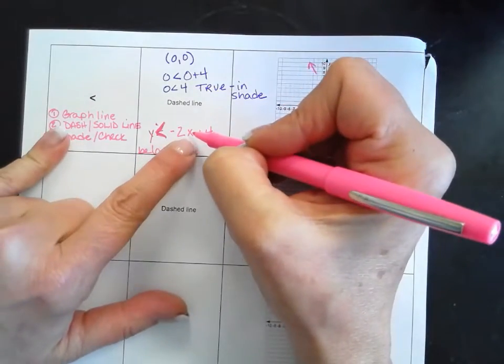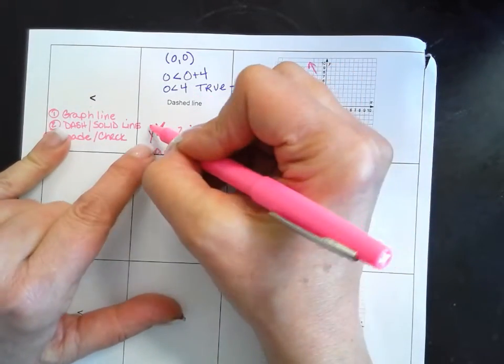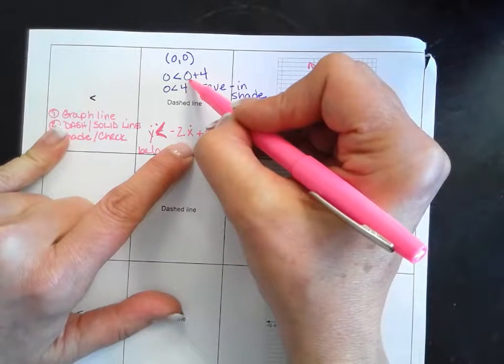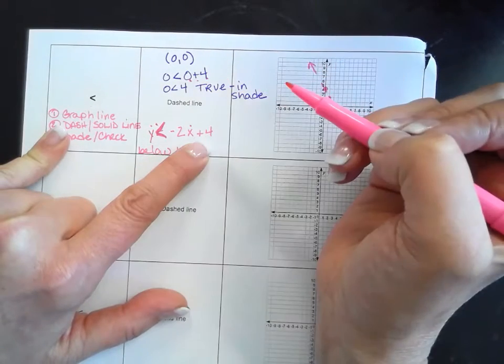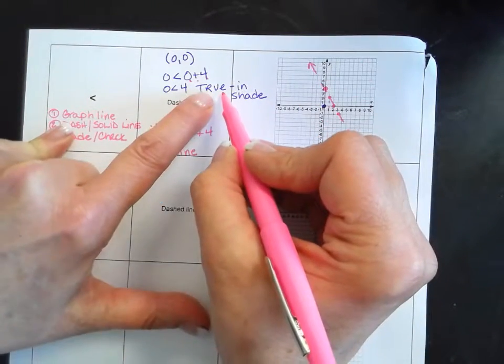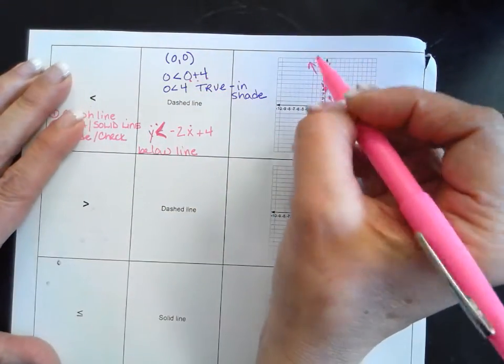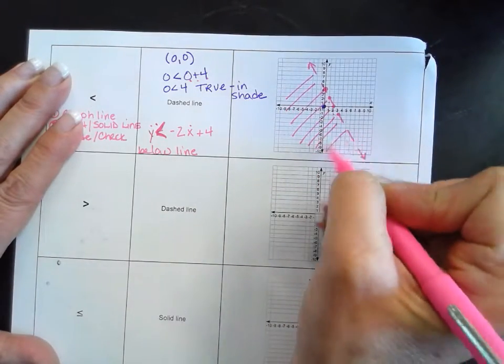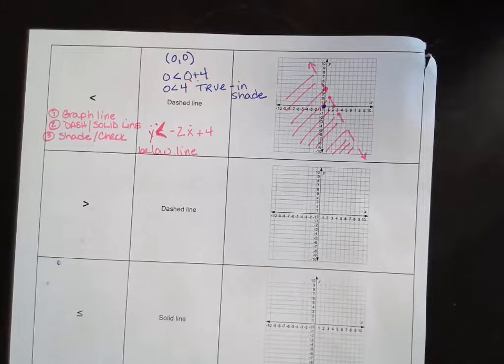Because I put 0 in for x and 0 here. So negative 2 times 0 gives me 0. And then the plus 4. Okay? So since it was a true statement, then I'm going to shade that region.